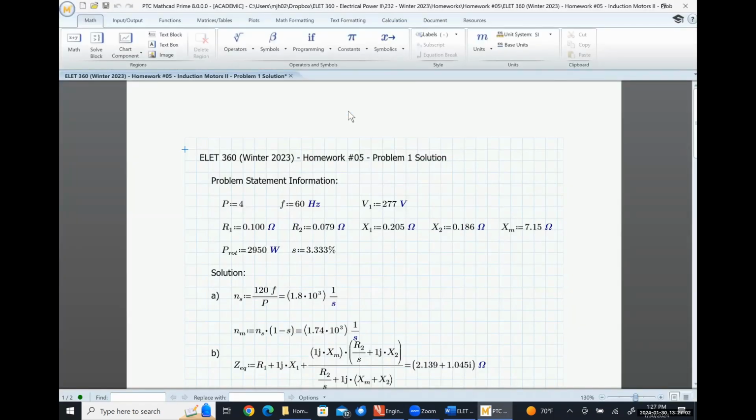So I found the equivalent impedance. Oh, okay. Instead of using the approximation, I literally just put in the Thevenin impedance directly.